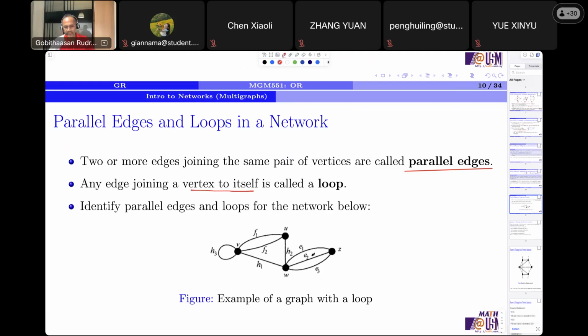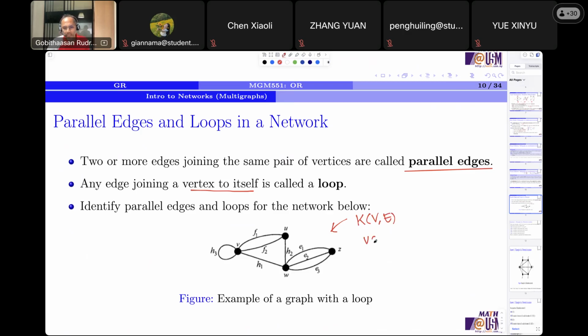Now, let's look at this example, this network here. Since we have done a number of studies of the properties of network, let's write them. Let's assume this graph, we coin this graph as K. K has a set of vertices and a set of edges. So a network, we coin this network as K(V, E).